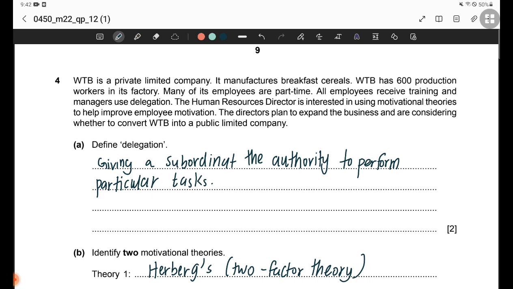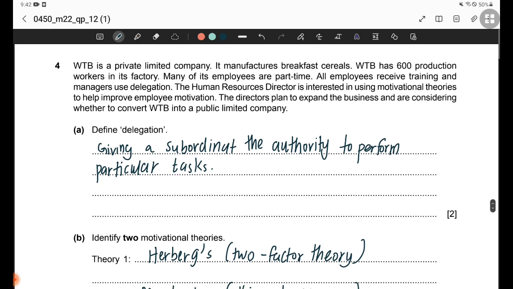All employees receive training and managers use delegation. Another clue. The human resources director is interested in using motivational theories to help improve employee motivation. The directors plan to expand the business and are considering whether to convert WTB into a public limited company.